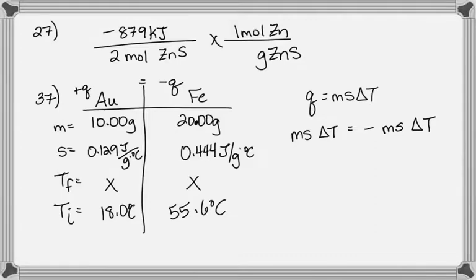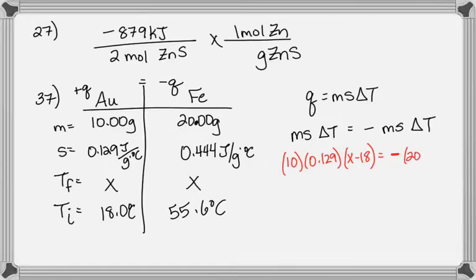Then I'm going to take numbers from this table and plug those in here. I'm going to leave out units because I'm going to run out of room and it's going to get really confusing over here. But if you had plenty of room, you could, of course, show the units. So gold, M is 10, S is 0.129, and delta T is X minus 18. Iron, don't lose that negative.